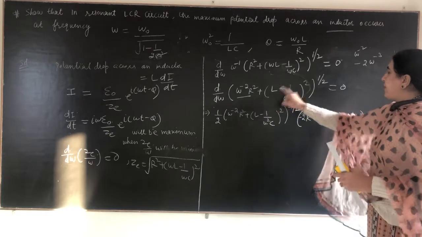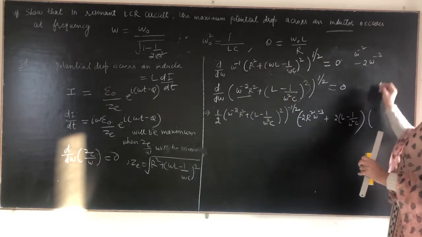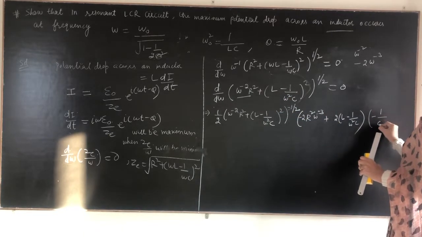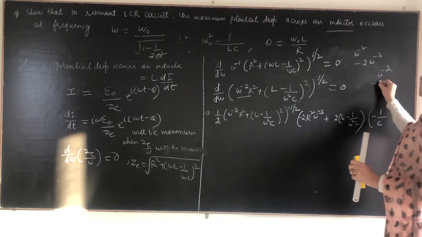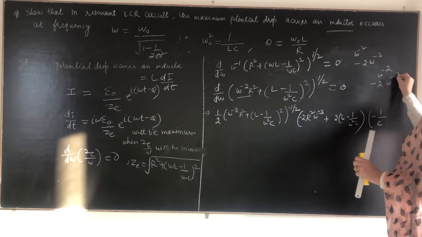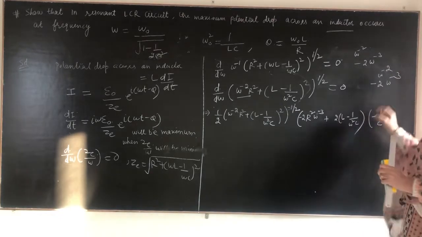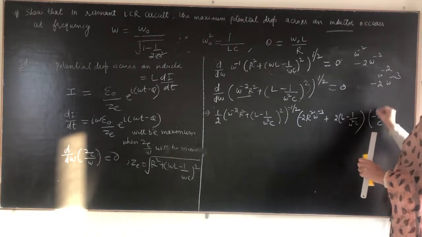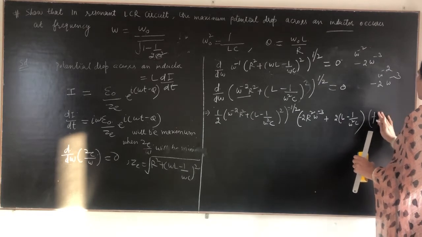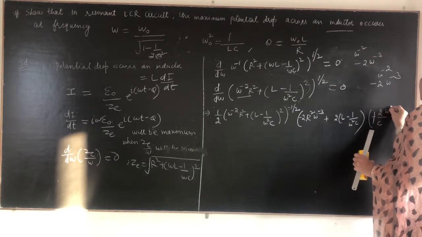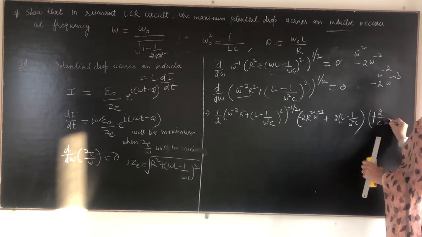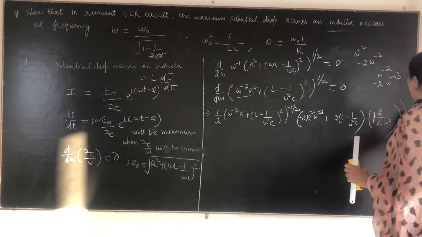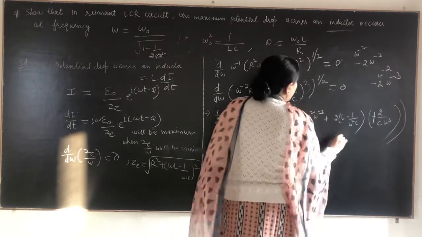Now the derivative of L is 0, minus 1 over C as it is, the derivative of omega to the power minus 2 is minus 2 omega to the power minus 3; minus minus becomes plus, so 2 omega to the power minus 3, or you can say 1 over omega cubed. This is the derivative, and it will be equal to 0.